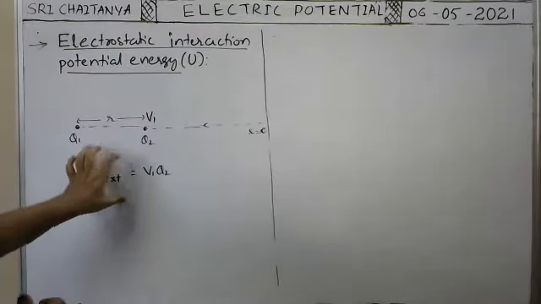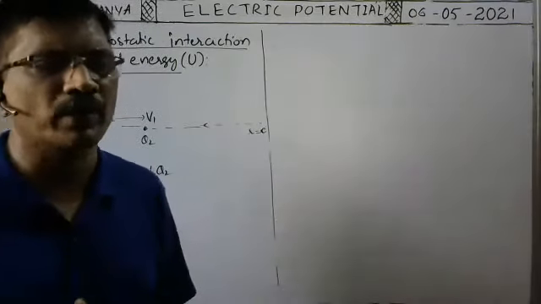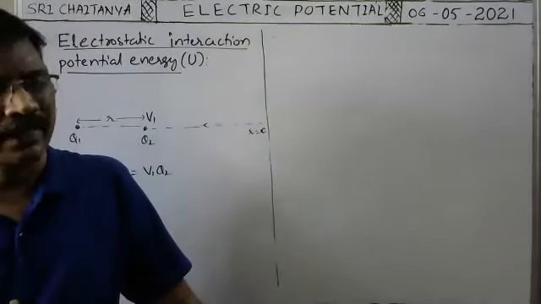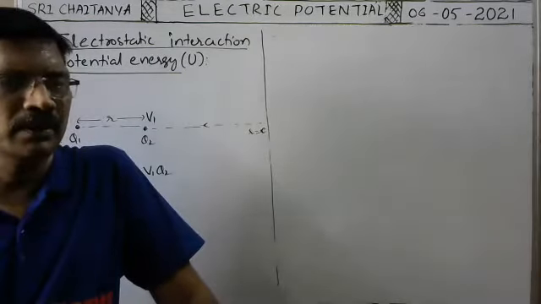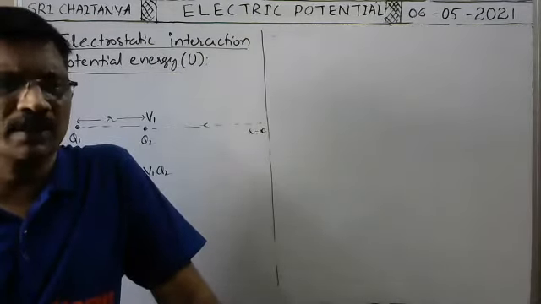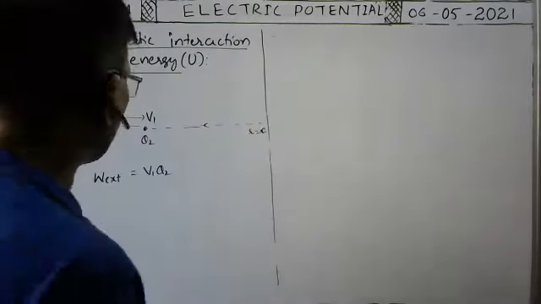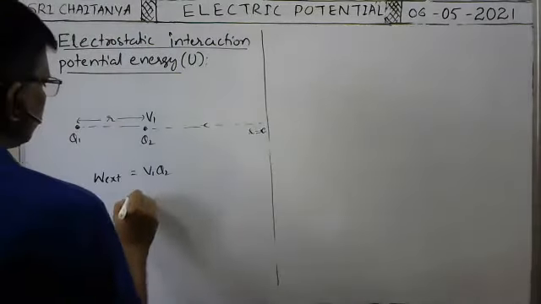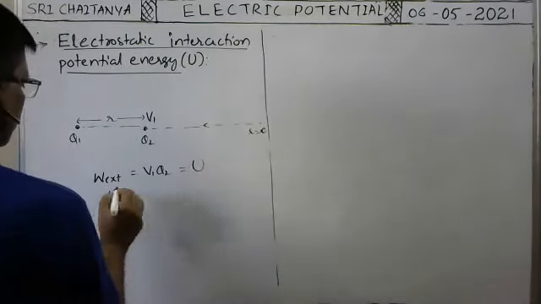Now what is the external work done? Means V1 into Q2. This external work done to bring the charge Q2 from infinity to a point in the electric field formed by the another charge Q1 is stored in the system of two charges as the electrostatic interaction potential energy. So this is equal to interaction potential energy, U simply.